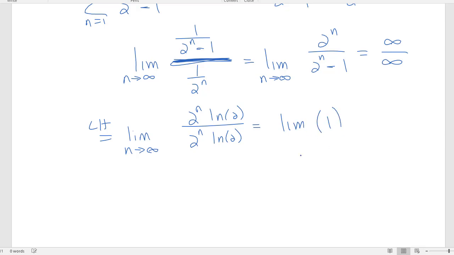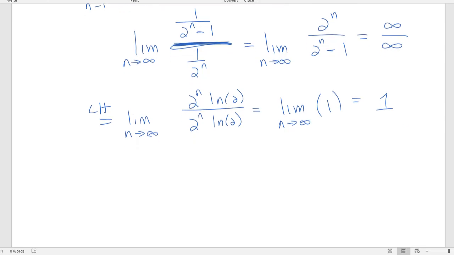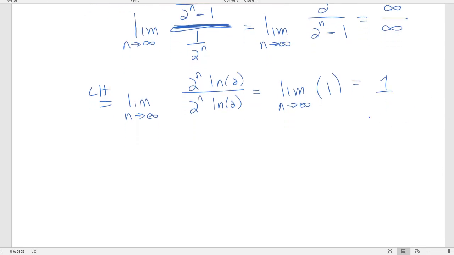So I'm looking at the limit of 1, and the limit of a constant is the constant. So what we get in this case is a finite value. Right? This is a finite number here. So since my limit is finite, then both series behave the same. So I'll say, since a sub n over b sub n equals some finite number, then both series behave the same.